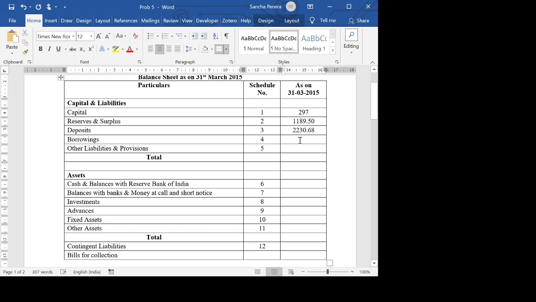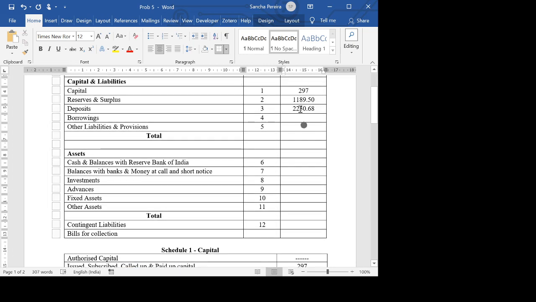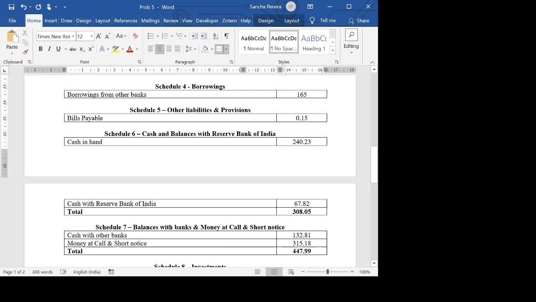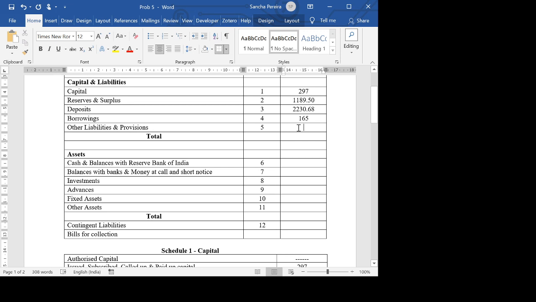Schedule 4 is 165. I think we had just one item there. Yes, 165. And schedule 5 is 0.15. We'll transfer and then we can check the totals.